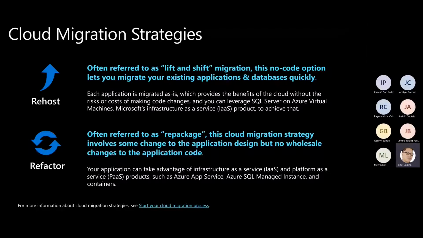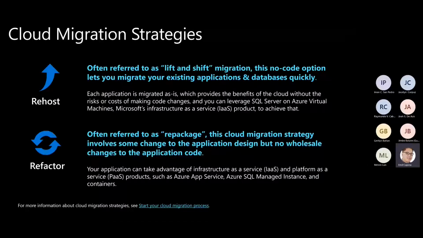The first migration strategy is what we call rehost, or typically this is also referred to as the lift and shift strategy. With the lift and shift strategy, your application is migrated to the cloud as is. You're not changing versions, you're not changing platforms, database platforms to support your application.